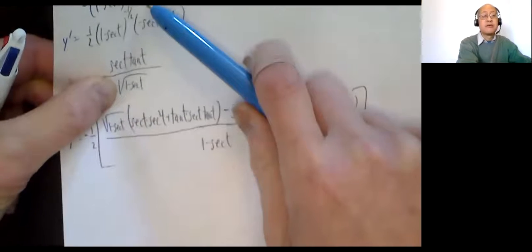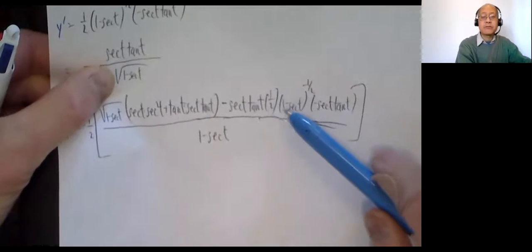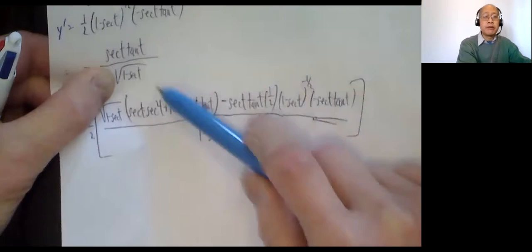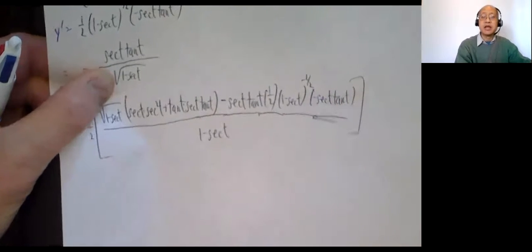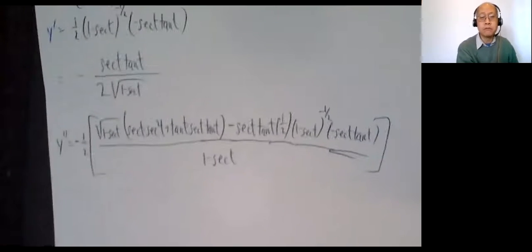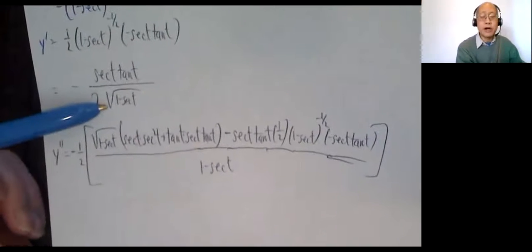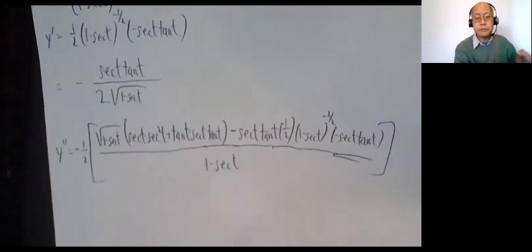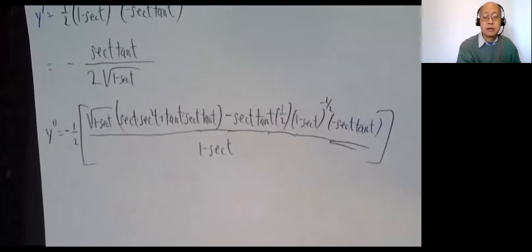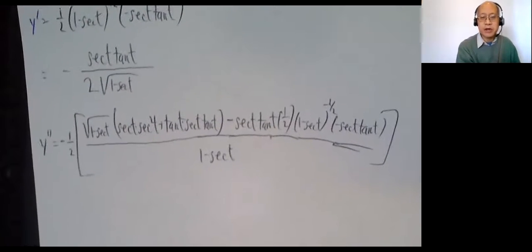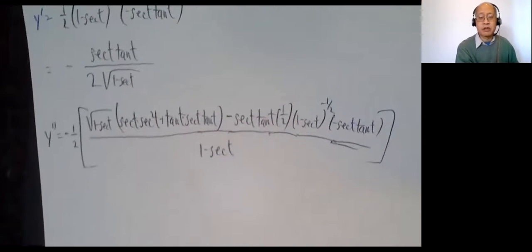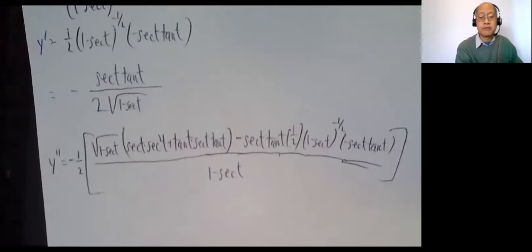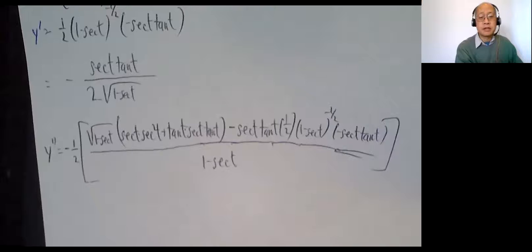Well, we just did that up there, right? 1/2, 1 minus secant t to the -1/2, times the derivative of 1 minus secant t, which is negative secant t tangent t, all over the square of the denominator. So it's a square root squared, just that. I'll just leave it like that. This one is so bad, as you can tell, we're not going to fool with any more algebra with that one. Just leave it like that. And that's good enough, or bad enough, I guess, because it's so messy.